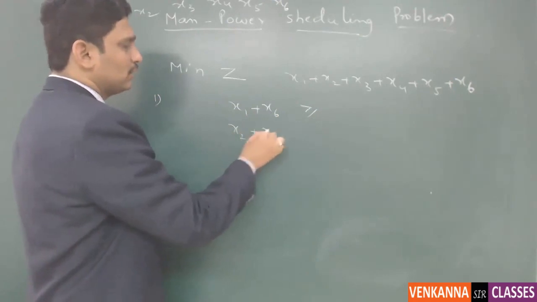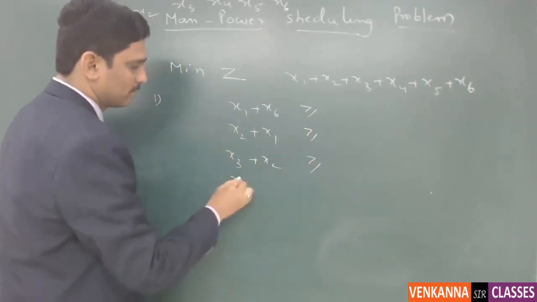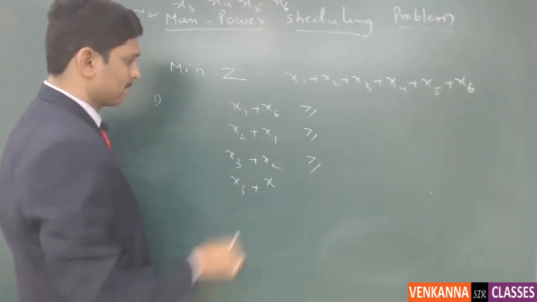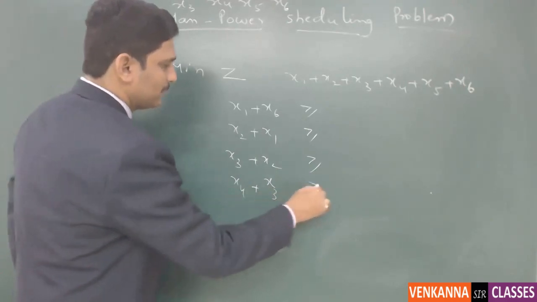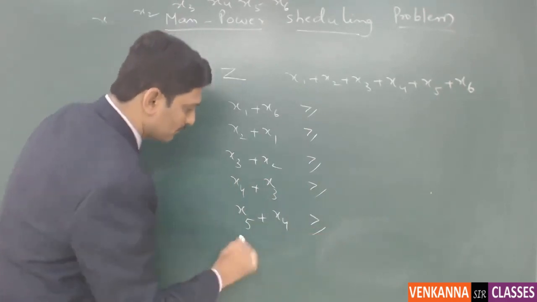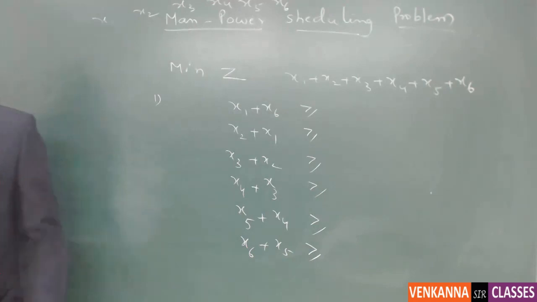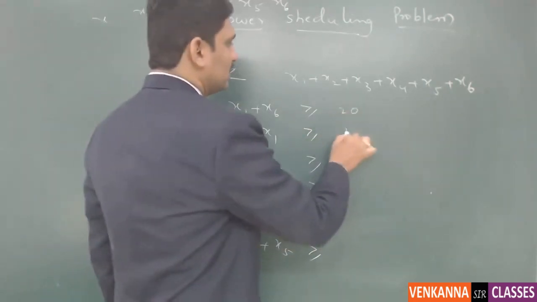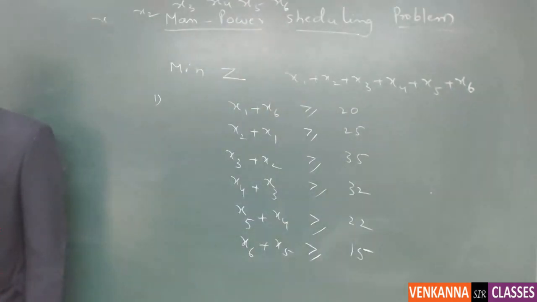For interval 2, x2 plus x1, then x3 plus x2, x4 plus x3, x5 plus x4, and x6 plus x5 are greater than or equal to, given by the conditions, 25, 35, 32, 22, 15. This is the mathematical formulation of the problem.